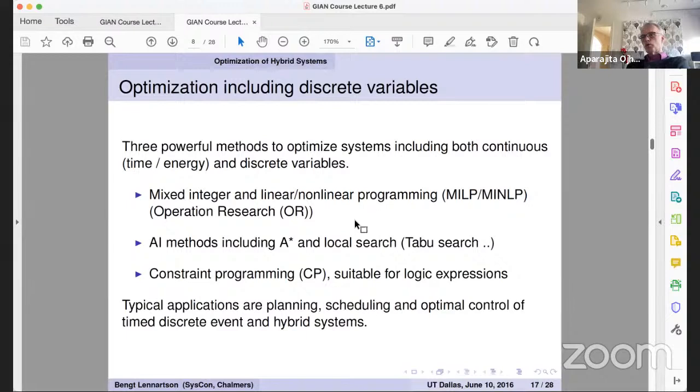It's something called big M in OR, which means that one introduces variables which are either 0 or a big integer value, say big M. And in this way, the solver has to decide, should I go for the 0 or the high value of this variable?